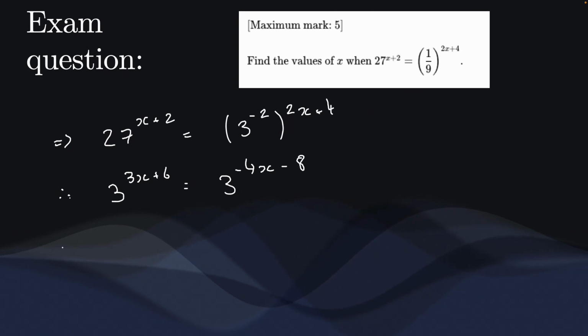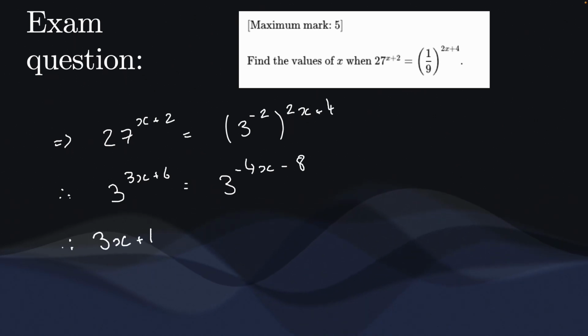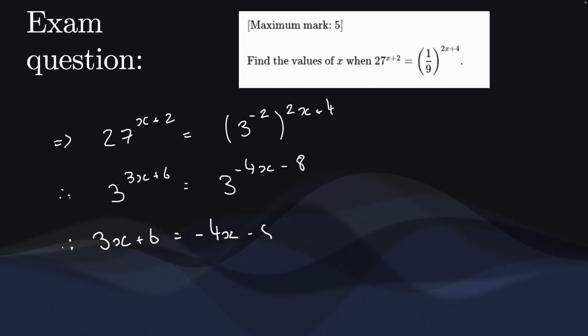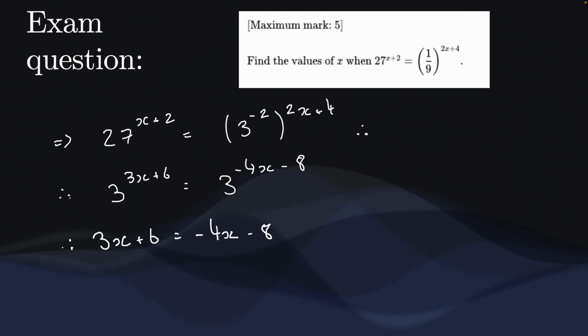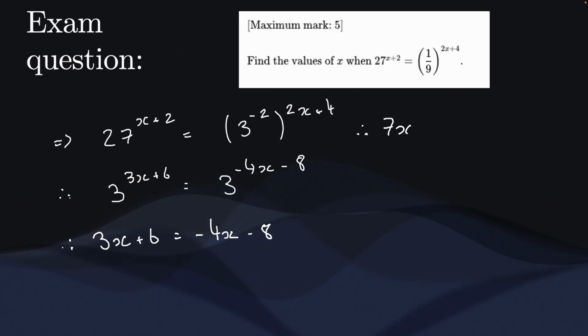So therefore, what we can say is 3x plus 6 is equal to negative 4x minus 8. And then we can just do some basic algebra. We can therefore just say that 3x plus 4x, which is 7x, is equal to negative 8 minus 6, that is minus 14.